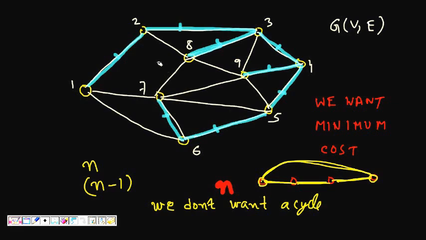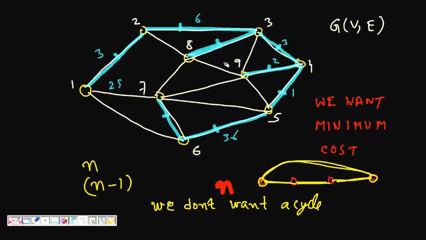But what happens if they have some weights also? For example, if this is 3, this is 76, this is 25, this is 36, this is 123, some weights are given to each edge.